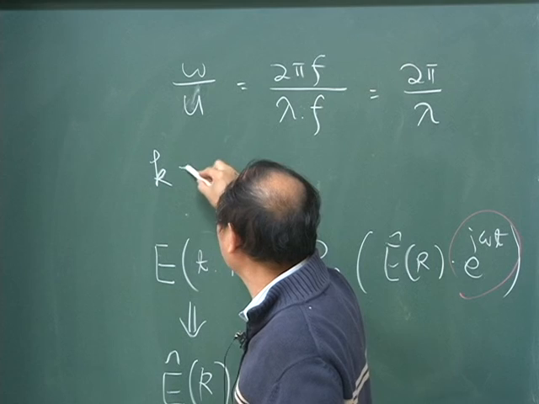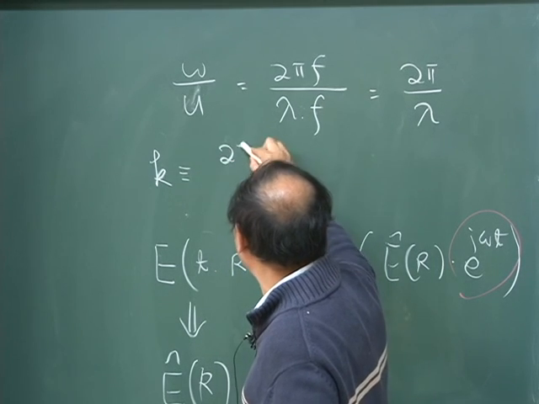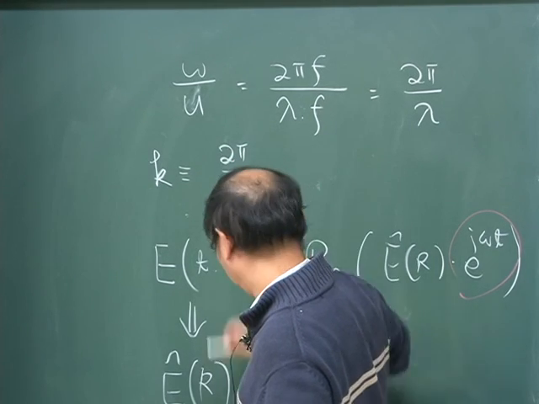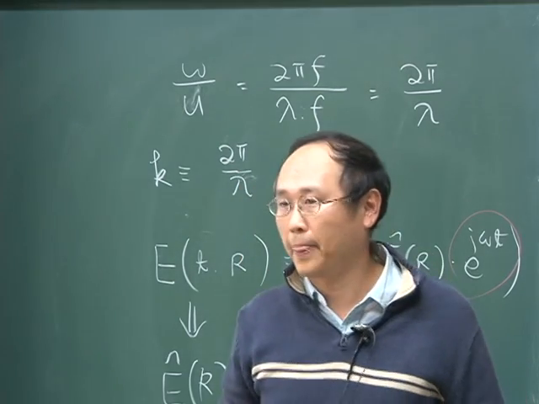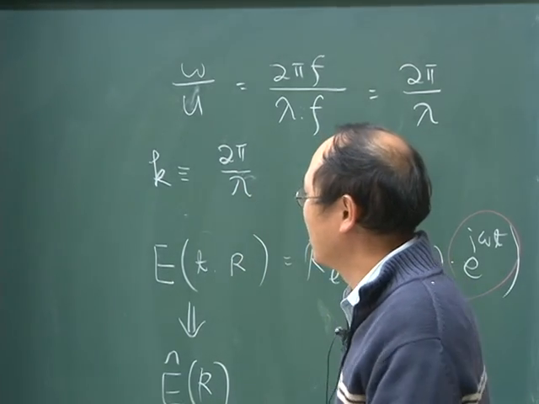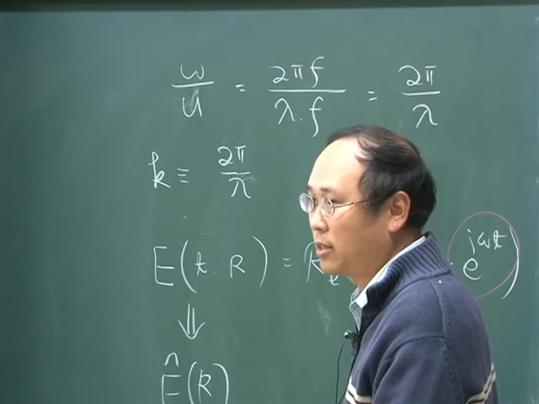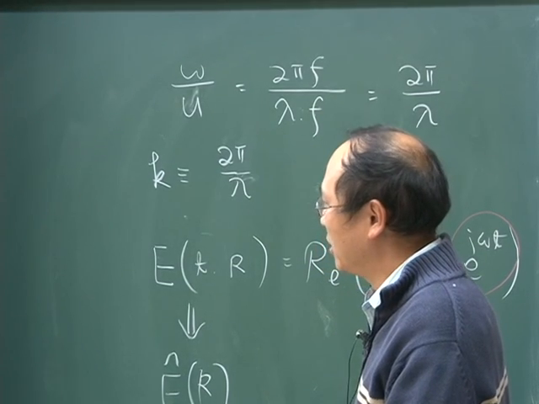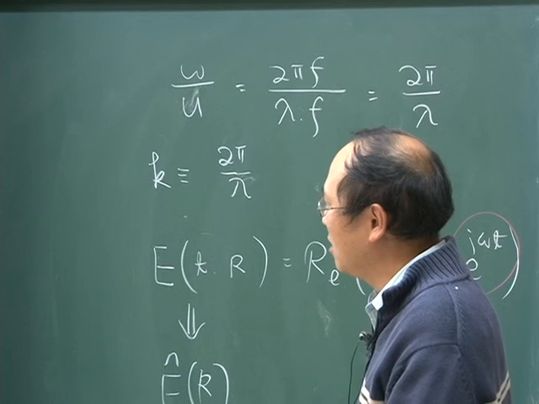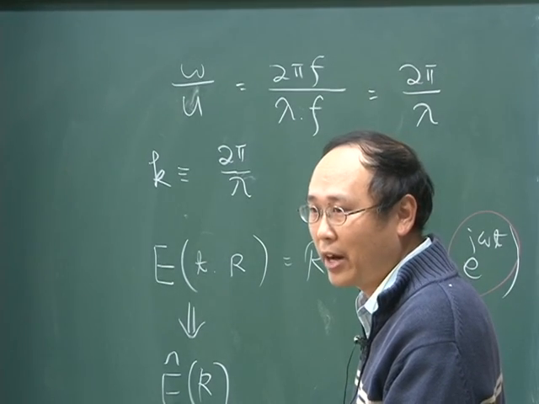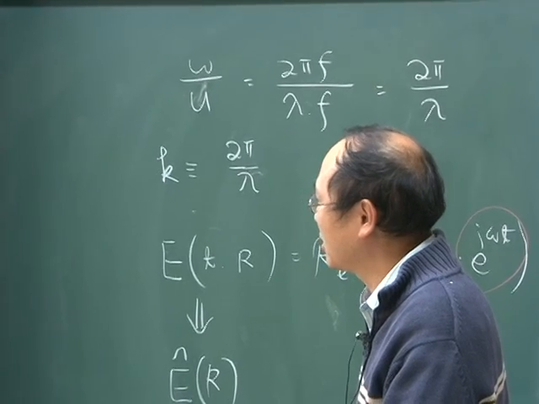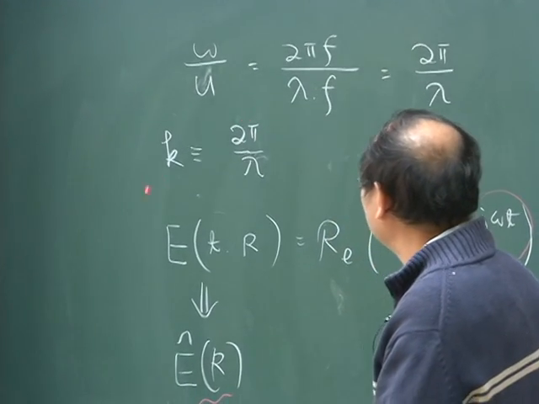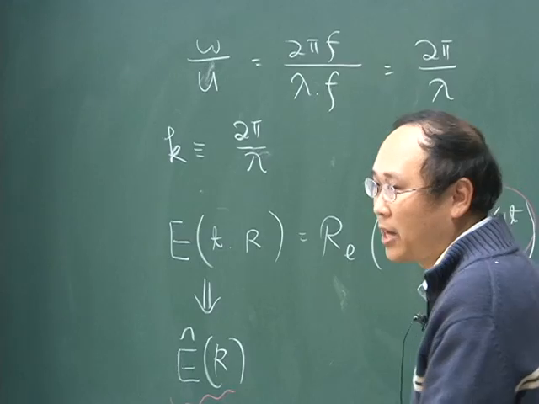And then this k is defined to be 2 pi over wavelength. Okay, so you have a new equation with the Phasor amplitude as a variable, and then now you have plus k squared. This k is equal to 2 pi divided by the wavelength.